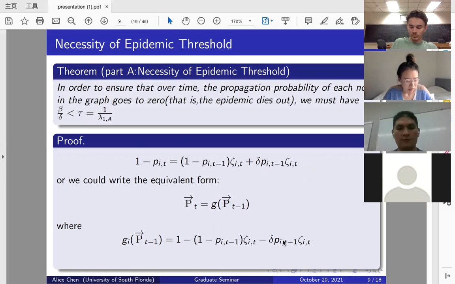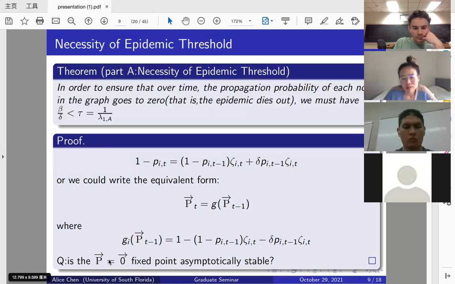And here, we want the epidemic to die out, which means that we want the probabilities to go to 0. We want the left-hand side to go to 0.